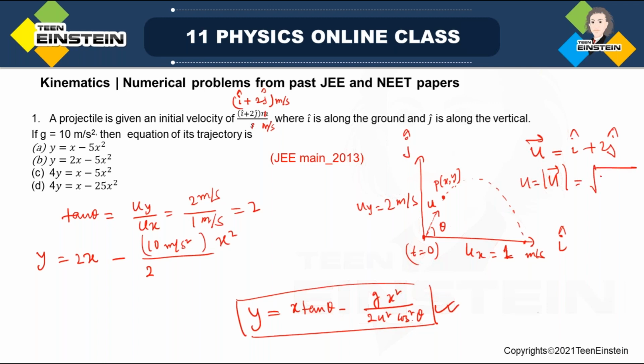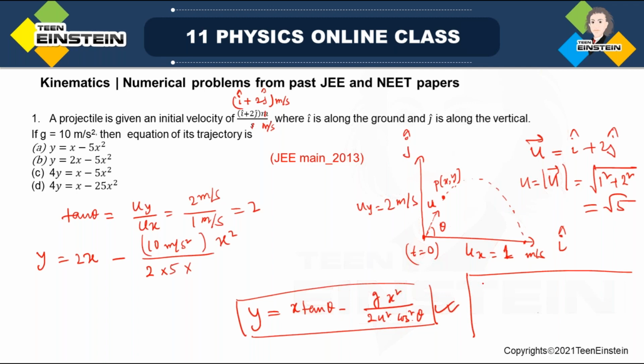That will be 1 square plus 2 square, that means root over 5. So u is root over 5. So you just put here u square, that means 5 alone. And then cos square theta. So this is one thing we should just find out.